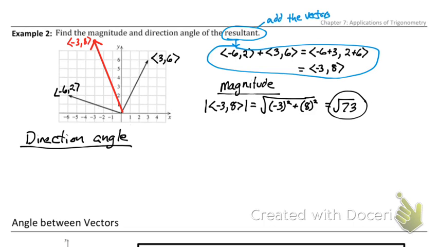So I'm going to draw my x and y axis, and maybe I'll use green to draw my resultant. This is the guy that was negative 3, 8. What I'm actually looking for is theta here.